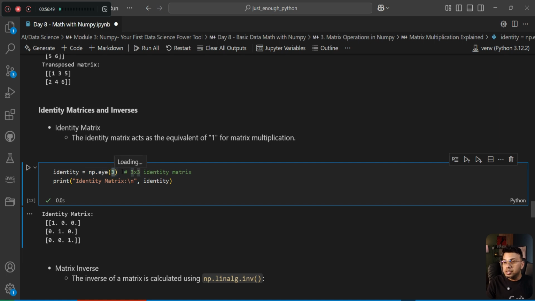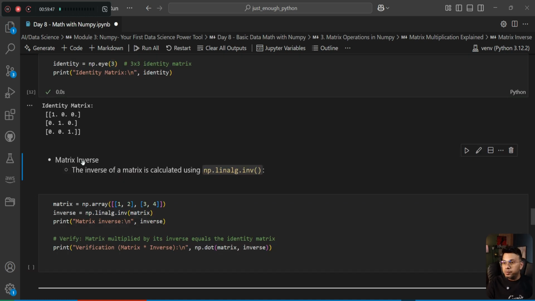We are saying 3, so it will create a 3 by 3 matrix, that is 3 rows and 3 columns. And this is how it looks. You see that the diagonal elements are 1, only one diagonal, not the other diagonal. These diagonal elements are 1 while all the other elements are 0. When you multiply this matrix with any other matrix, you get the same matrix.